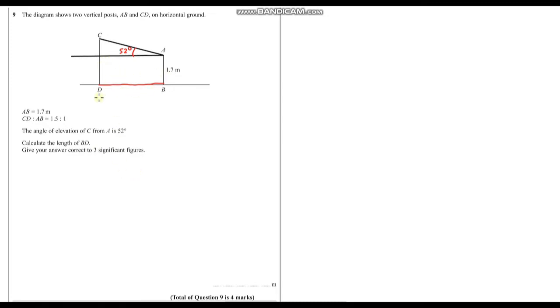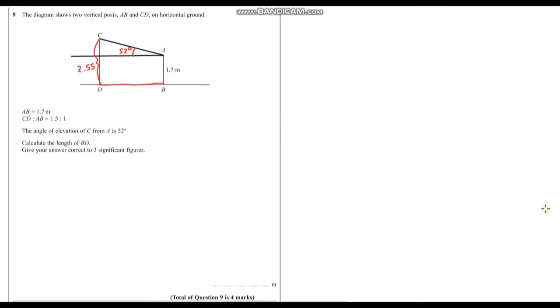So we know the ratio of this length to this length. It's 1.5 to 1. So CD is 1.5 times bigger than AB. So we just need to multiply 1.7 by 1.5, which gives us 2.55. So CD, this whole length here, is 2.55.